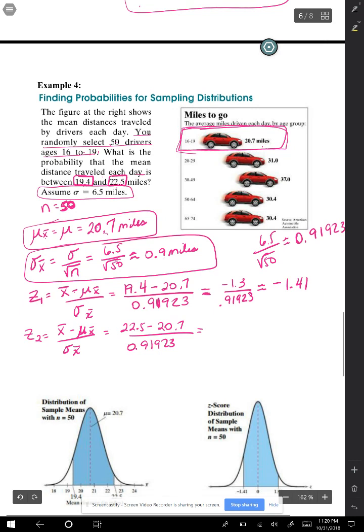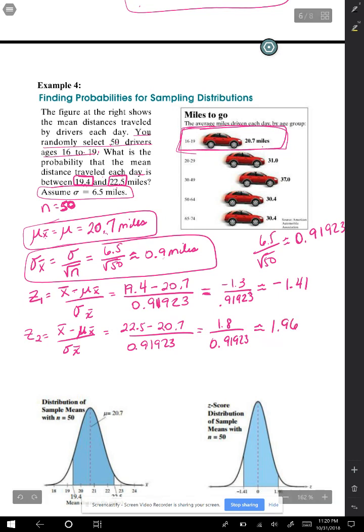So when I do this, I get 1.8 over this number, and that one comes out to approximately 1.96.